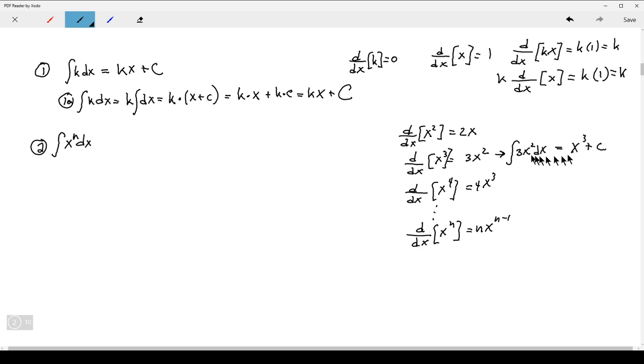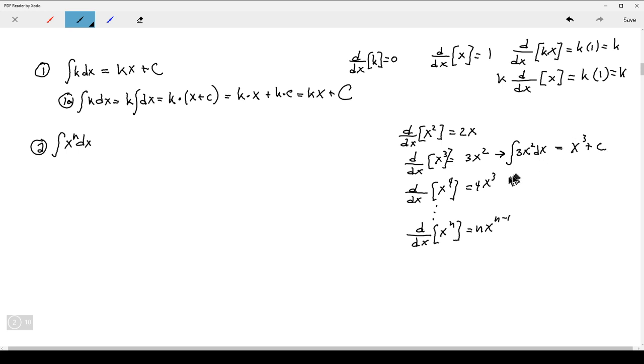What am I doing from here to here? Well, the 3 has to go away. So the easiest way for that to happen is to divide by 3. And then the exponent 2 has to turn into an exponent 3, so I'm adding 1.